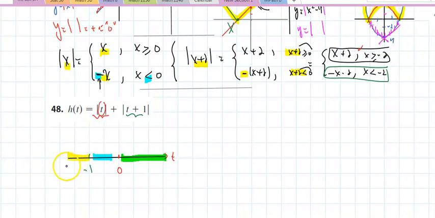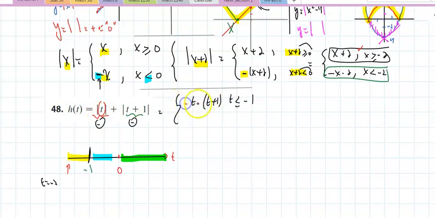So if I pick a value in that region, let's say I pick t equal negative 2. I notice that this value is negative, and negative 2 plus 1 is negative. So if t happened to be less than or equal to negative 1, then that first t and that t plus 1 will require a negative in front of each of them because the values are negative in both cases.